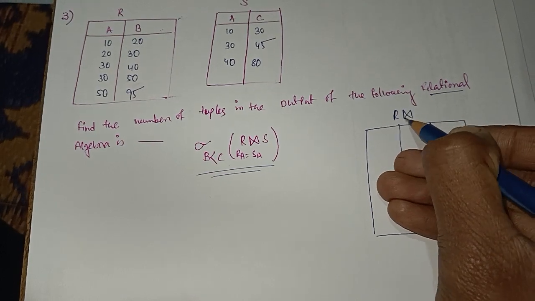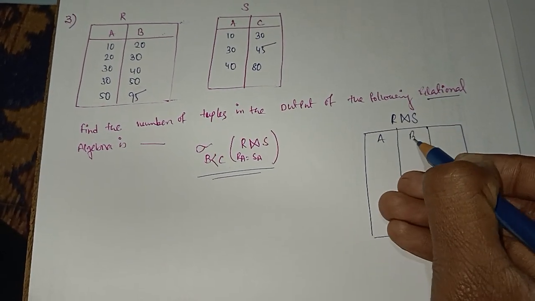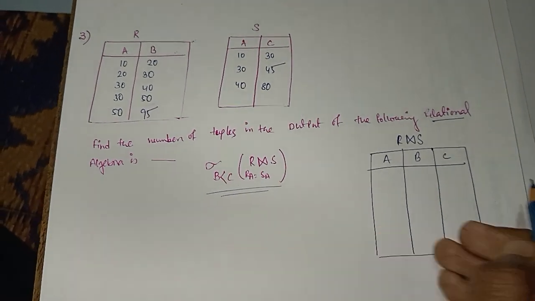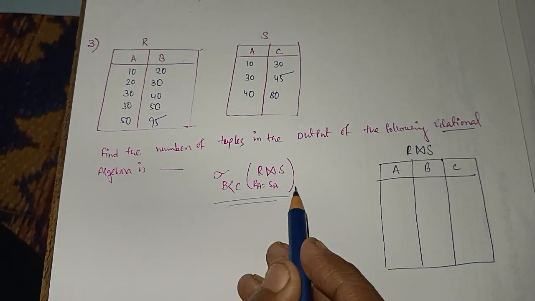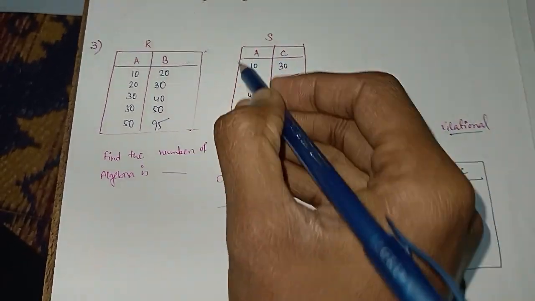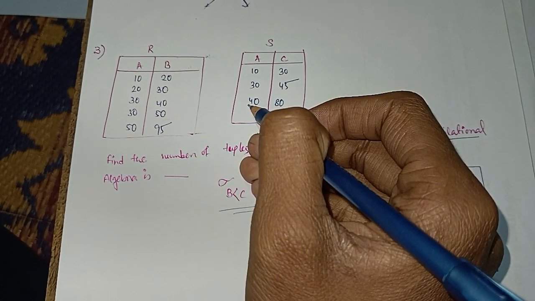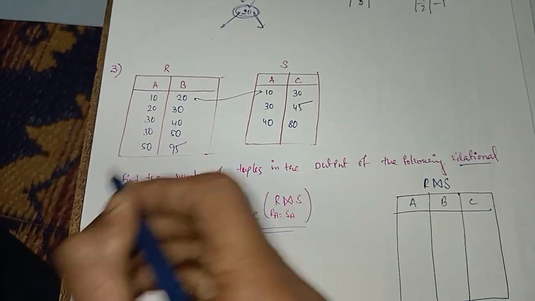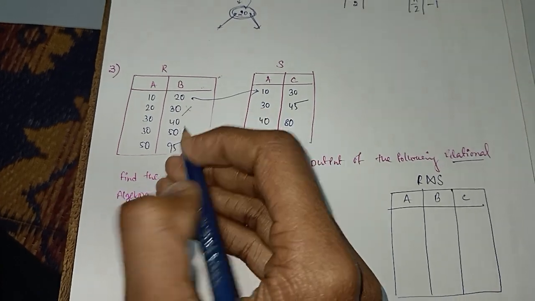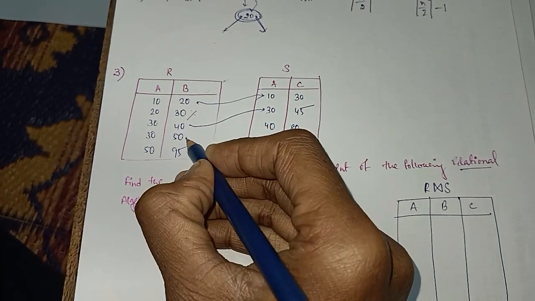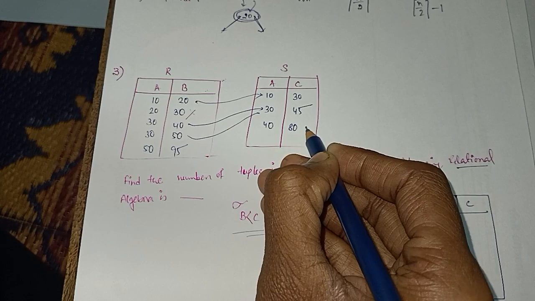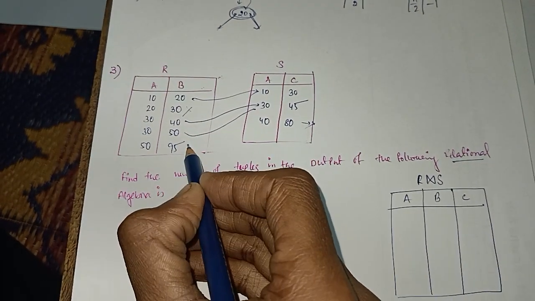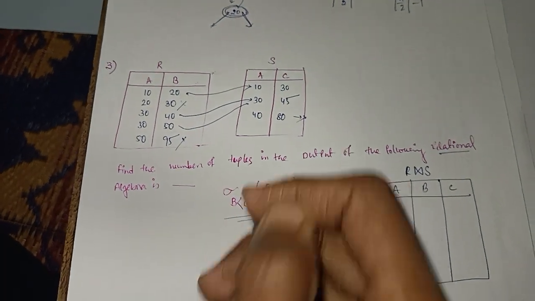R joined S gives a table containing the three attributes A, B, C, where R.D equals S.A. Here we have 10, 20, 10, 30 and 40 present. This will be mapped with this one, 20 is not matched, this 30 is matched, and this 40 is not matched, and here 30, 50 is not matched with each other.